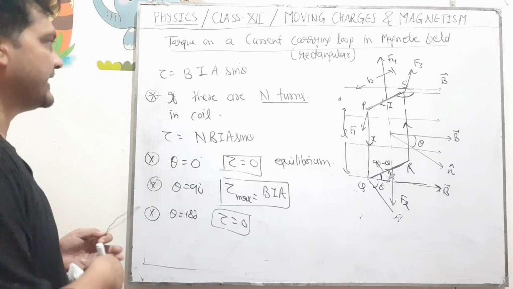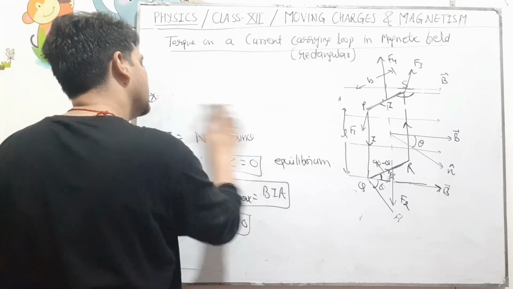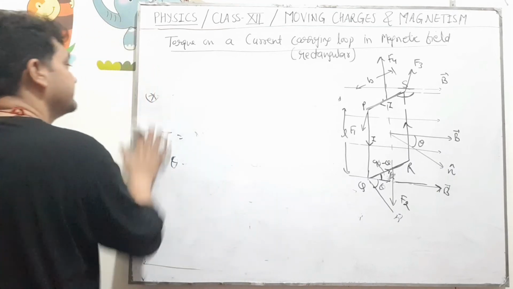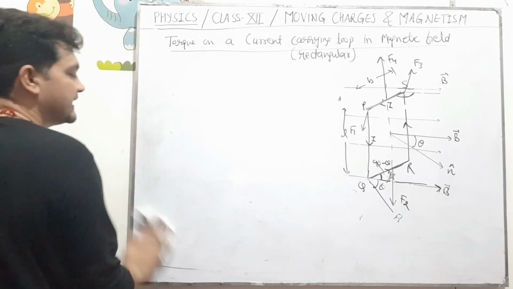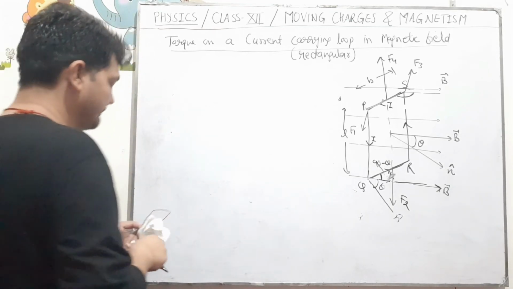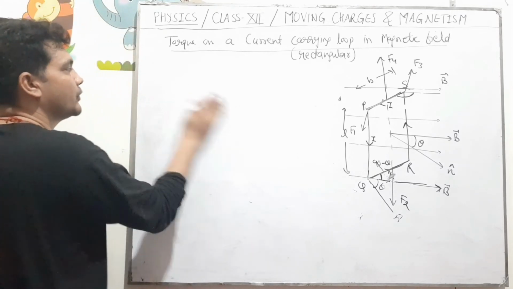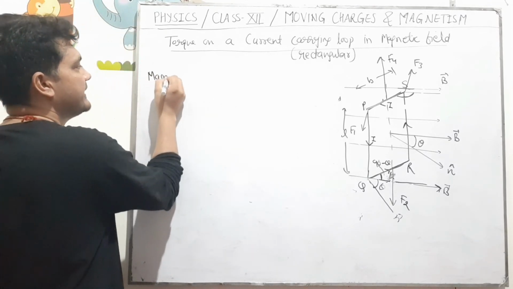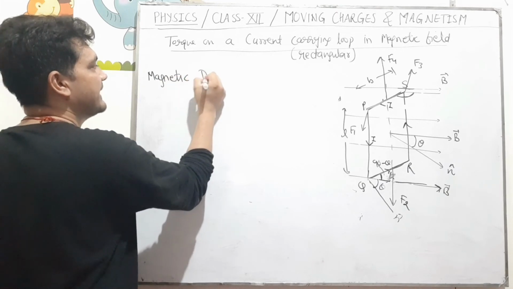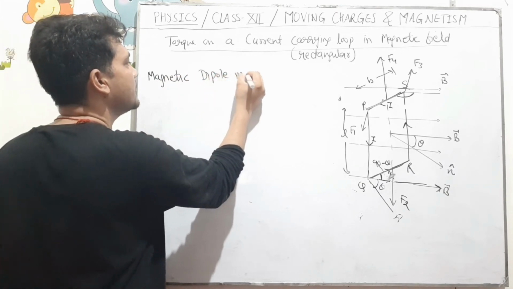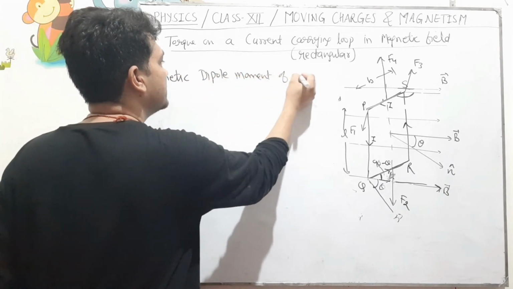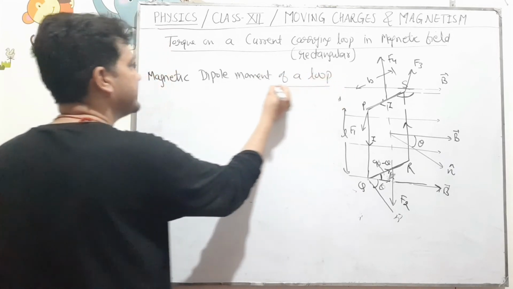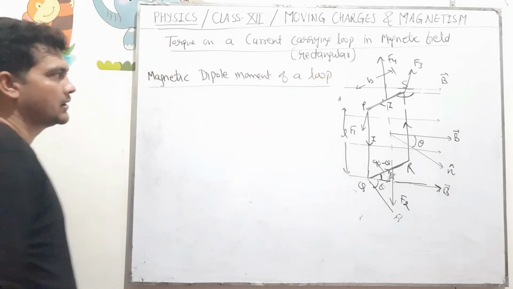One more thing, students, we have another physical quantity known as magnetic dipole moment of a loop.